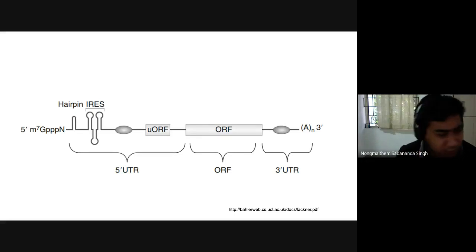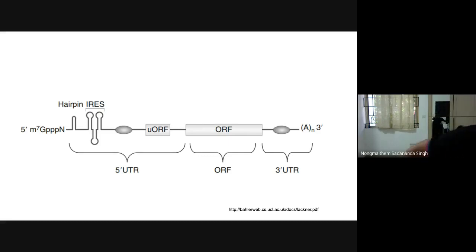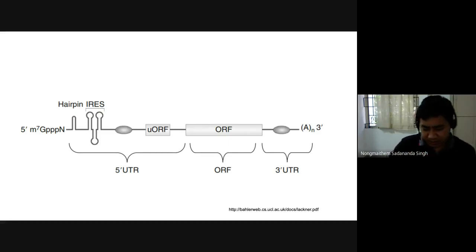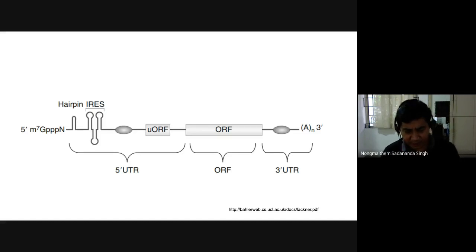What I was talking about was this one, regulation of gene expression. One thing many viruses utilize is the internal ribosome entry site, IRES. Why they like to utilize it is that cellular mRNA translation heavily depends on the M7G cap.